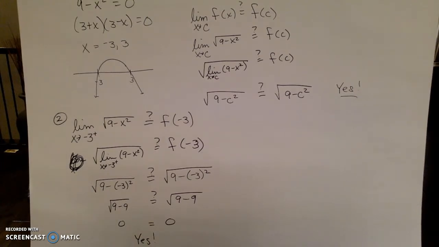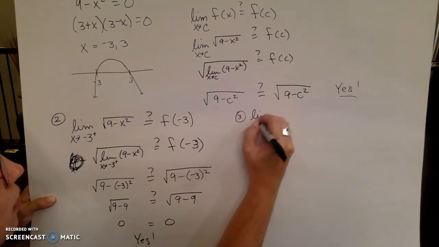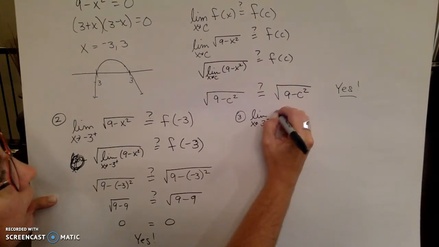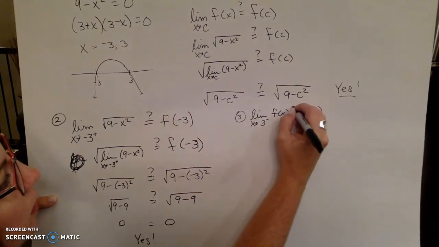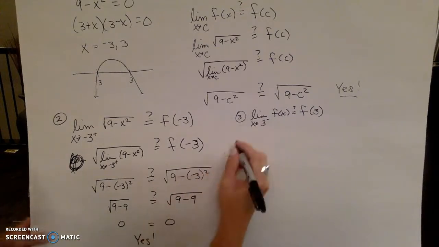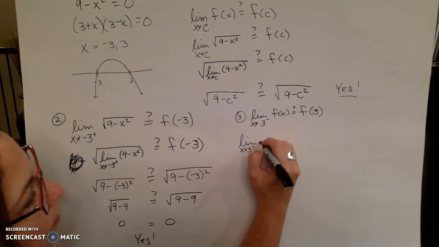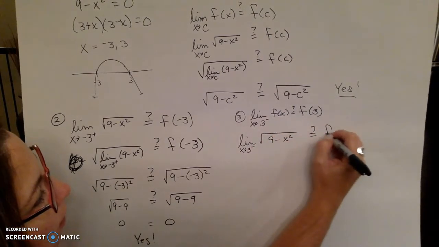Lastly, we need to do the same thing. We need to know if the limit as x approaches 3 from the left of f of x is equal to f of 3. Okay, again, is it continuous from the left? So now that's what we're going to figure out, is the limit as x approaches 3 from the left of the square root of 9 minus x squared equal to f of 3?